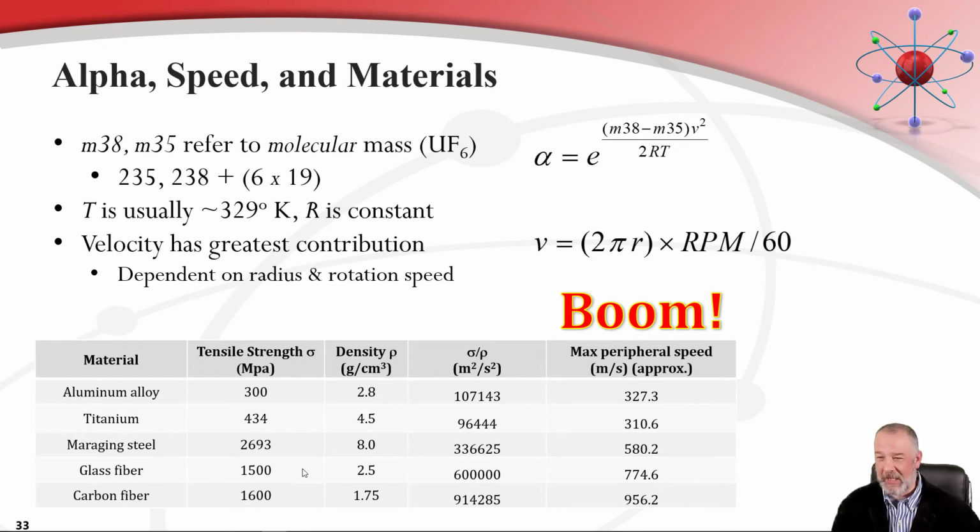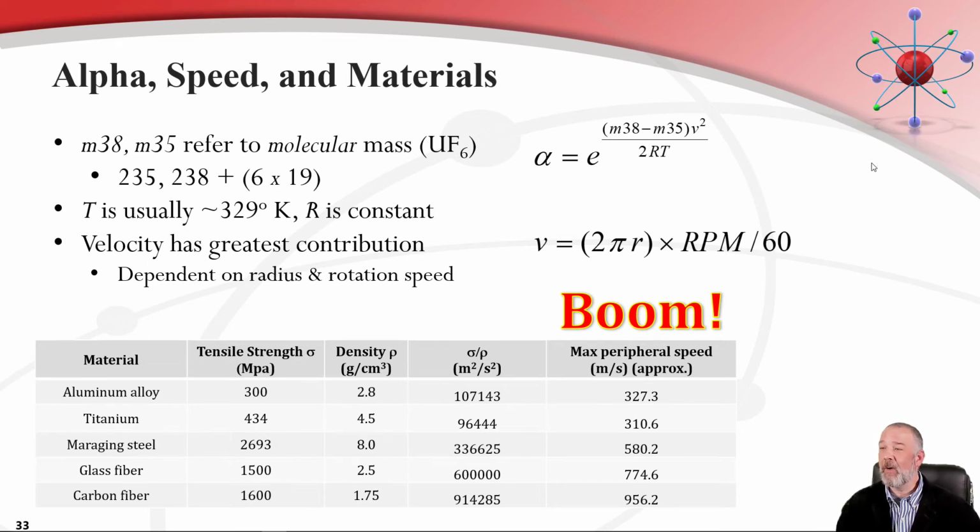And these are current numbers of what I would say is more modern carbon fiber than what we would have seen even 2 decades ago. And so this is what's possible now. And so with this incredible increase in rotational velocity, our alpha is going to likewise increase by a pretty significant amount.